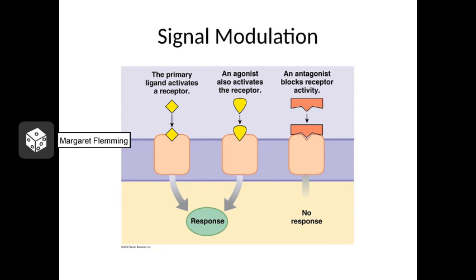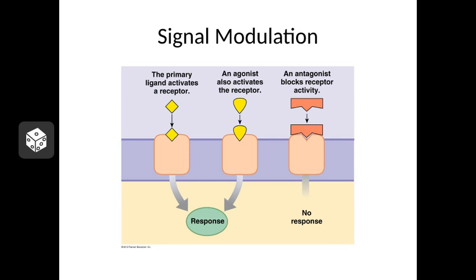You may have come across the idea of signal modulation in A&PII, because quite frankly, we do not have 100% pure response from any given ligand at any given time. Most of the time, they are adjusted by other ligands.